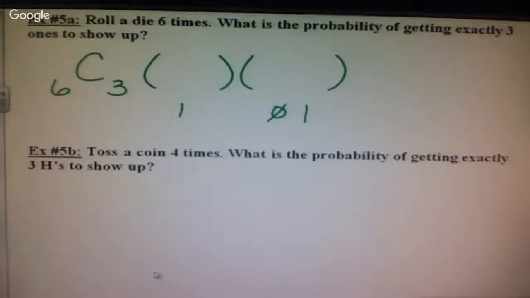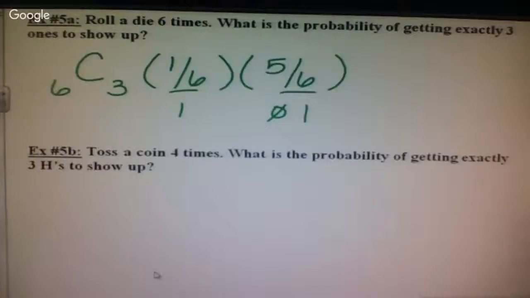I want not a 1: 5 out of 6. These 2 answers in here and here should always add together to give you 1. If they do not, you did something wrong.